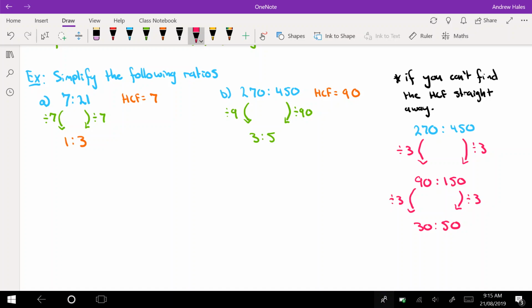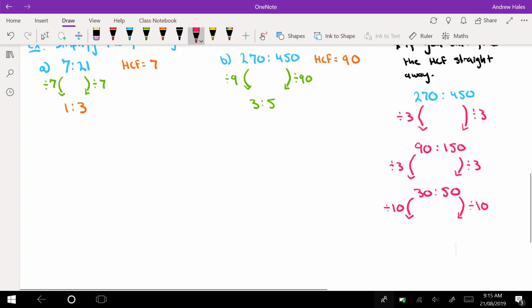But wait, one more, because there's still one other common factor that I can take out, and I know that's going to be 10. So now, again, I'm going to divide both sides by 10. 30 divided by 10, you guys should know this one, it's 3. 50 divided by 10 is 5.